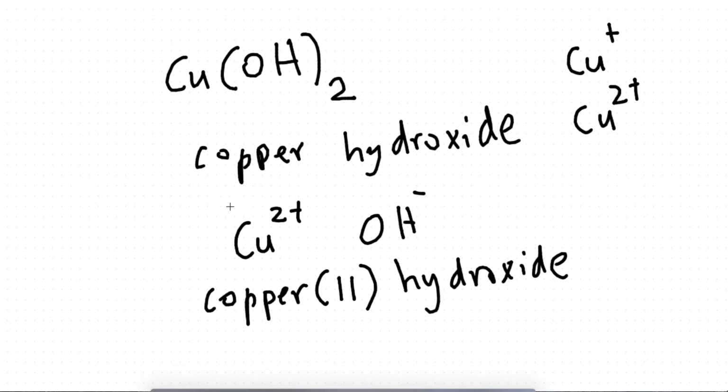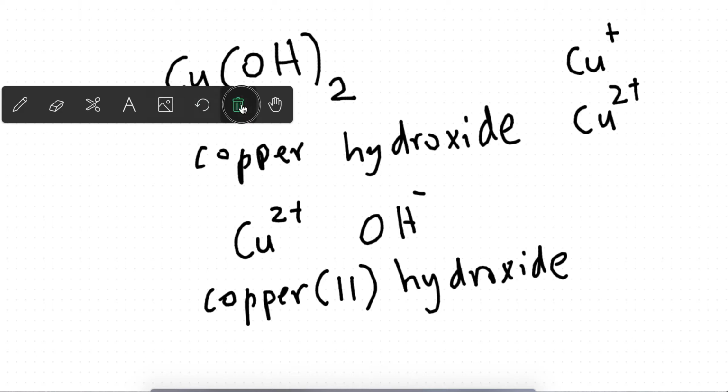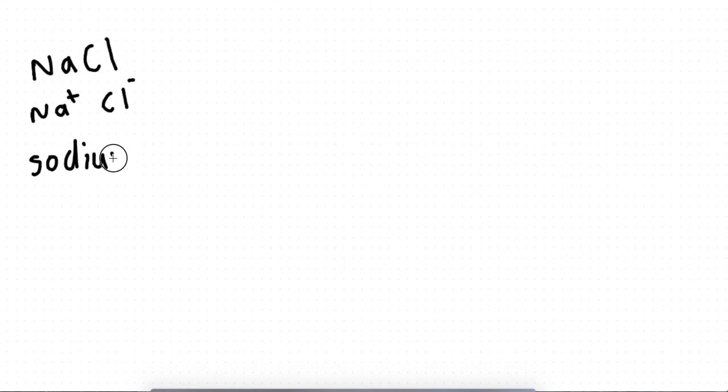Okay, if I had, for example, let's do the simplest one, NaCl. NaCl is made up of Na+ and Cl-, right? So the name would be sodium, as it is from the periodic table. Will it be sodium chlorine because this is chlorine? No, students. This is what I wanted to mention earlier on.